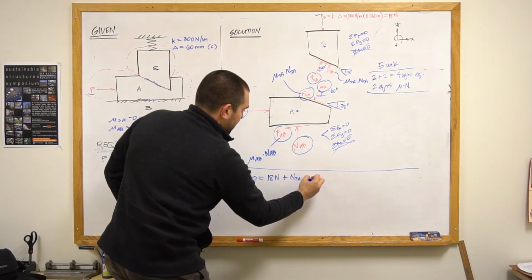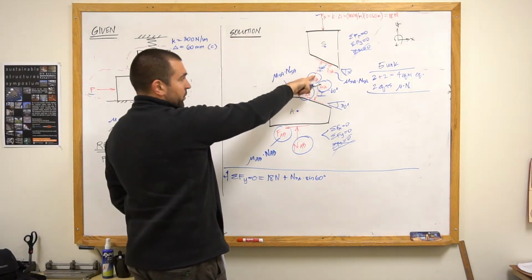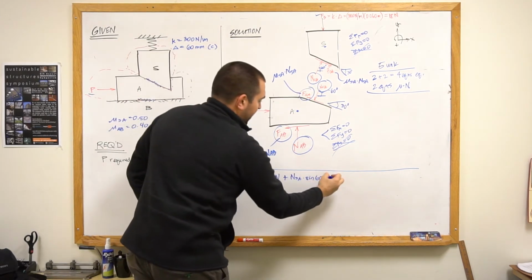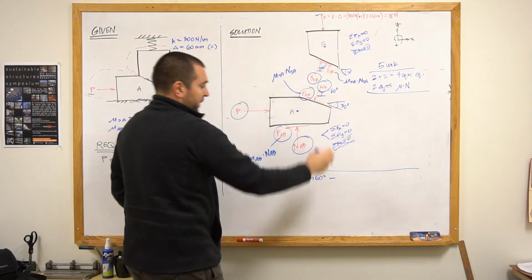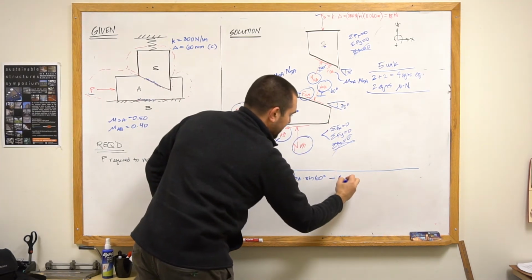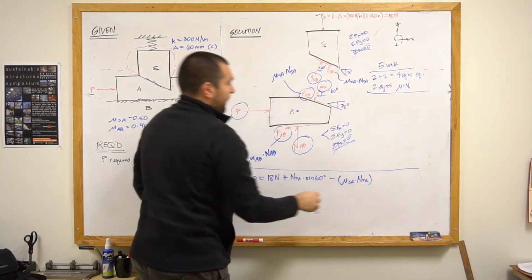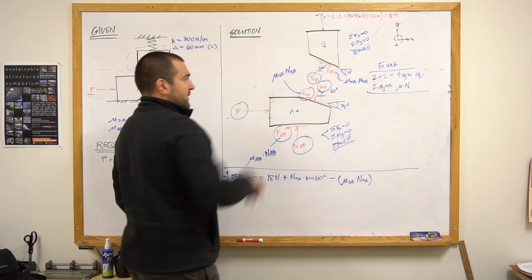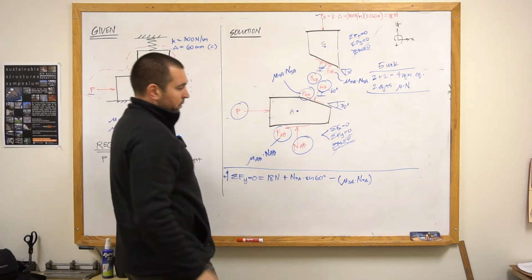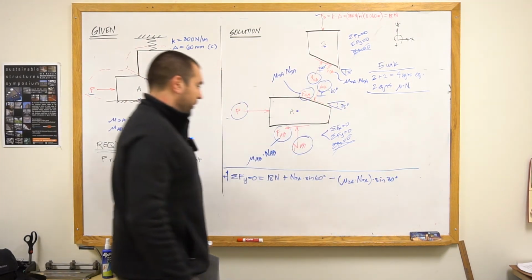That's the vertical component of the normal force. And then I get the friction force going downwards. Again, the friction force is simply equal to mu SA times N SA, and then times sine of 30 degrees to get the vertical component.